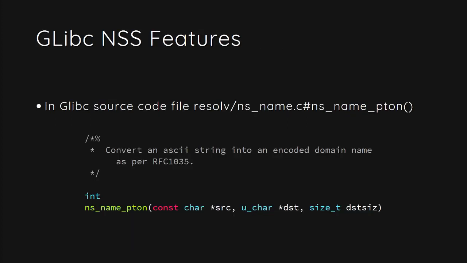Okay, the next section is about the features of Linux glibc. First, this is a weird feature in the NSS function gethostbyname. Looking at the glibc source, there is a comment here: convert an ASCII string into an encoded domain name as per RFC 1035.